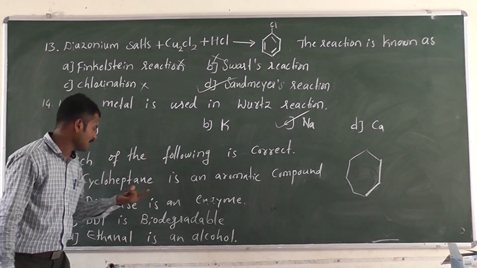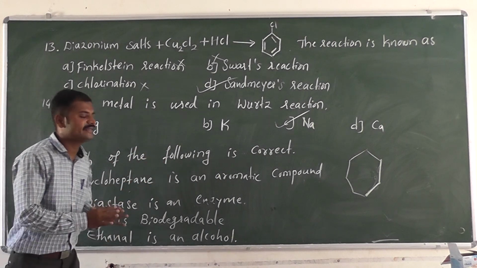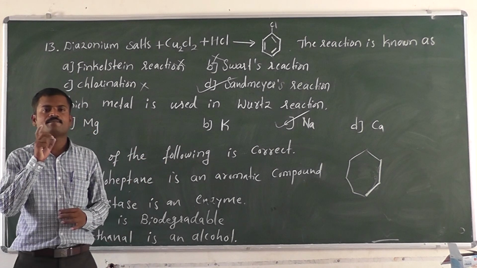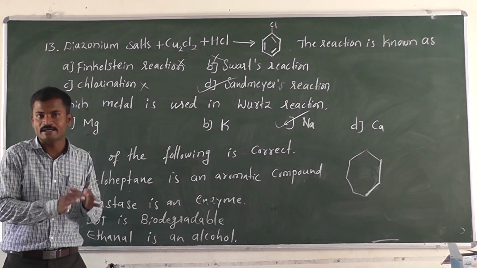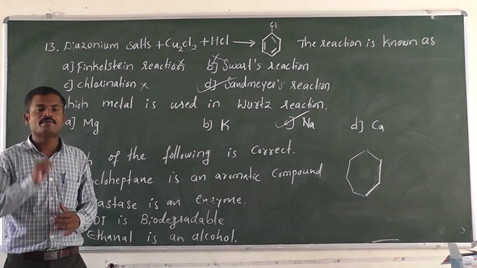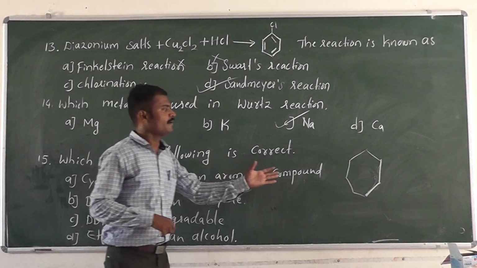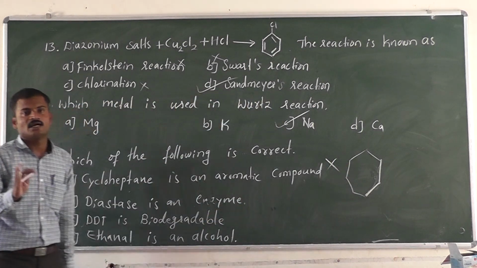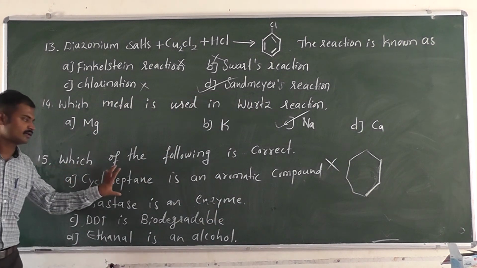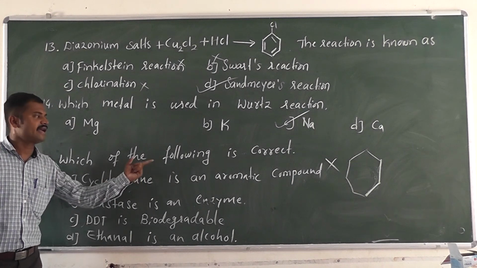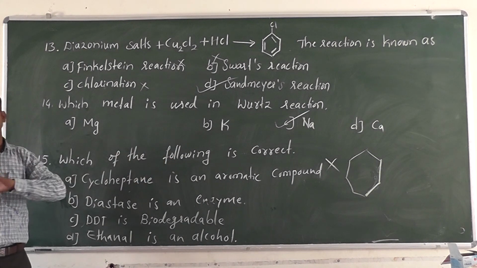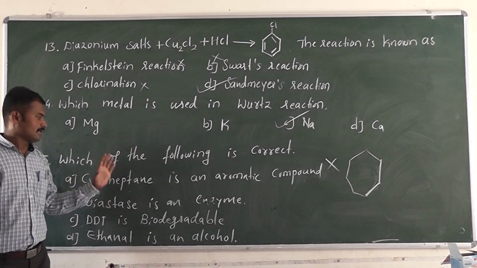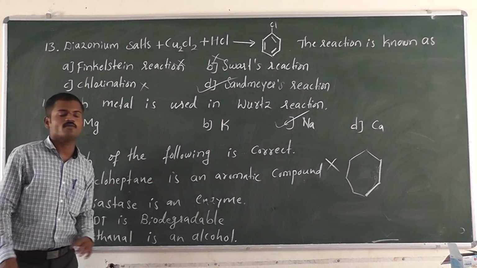It is a cyclic compound. Cycloheptane is an aromatic compound. You should have the basic concept of what is aromatic. Aromatic means there should be a benzene ring. So it is not a benzene ring. Therefore, option A is 100% wrong. Cycloheptane is not an aromatic compound.